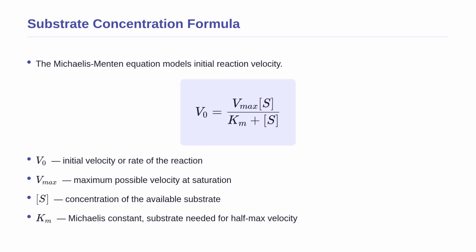Vmax stands for the maximum possible velocity when every single enzyme molecule is busy. The variable S in brackets represents the substrate concentration. Finally, Km is the Michaelis constant, which indicates the exact substrate concentration needed to reach exactly half of the maximum velocity.